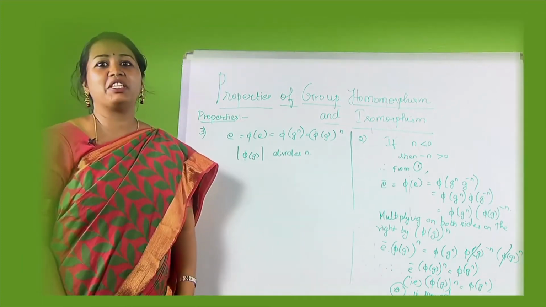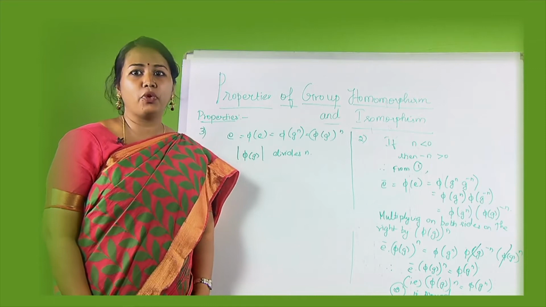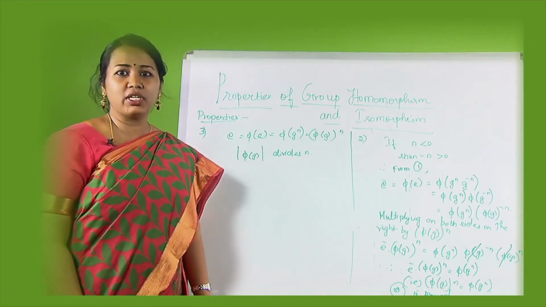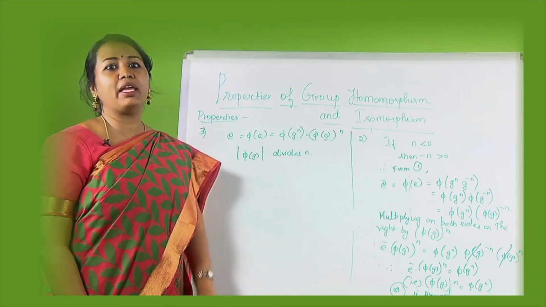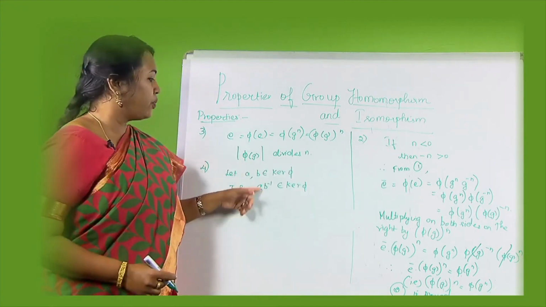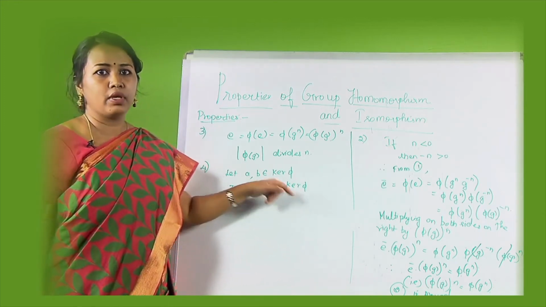Next, by property 1, we know that kernel phi is not empty. So, to prove property number 4, we assume that a and b belong to kernel phi, and we show that ab inverse belongs to kernel phi. By doing so, we will be able to prove that kernel phi is a subgroup.